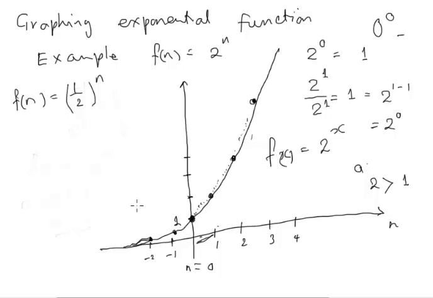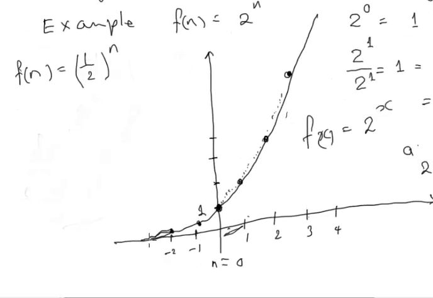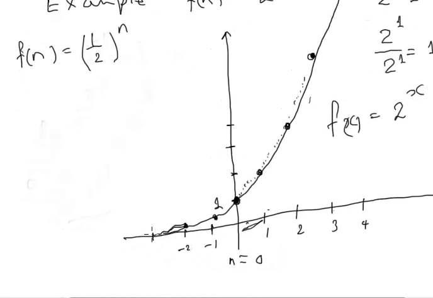Again, n, I'm going to take an integer from minus infinity to infinity. But let's just start at minus 3. What's going to happen here? That's where the evaluation of a function comes in.